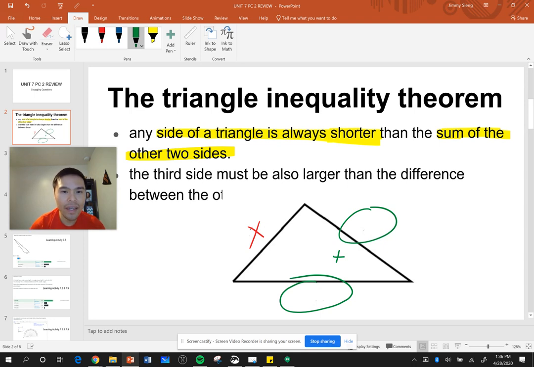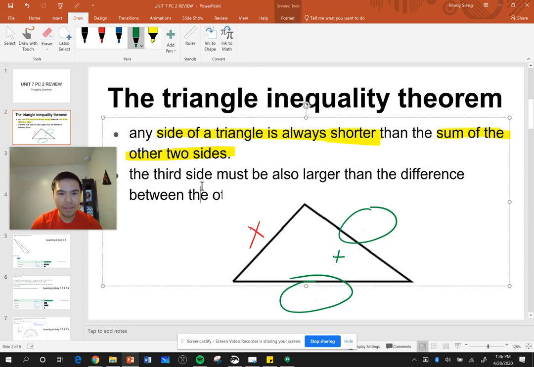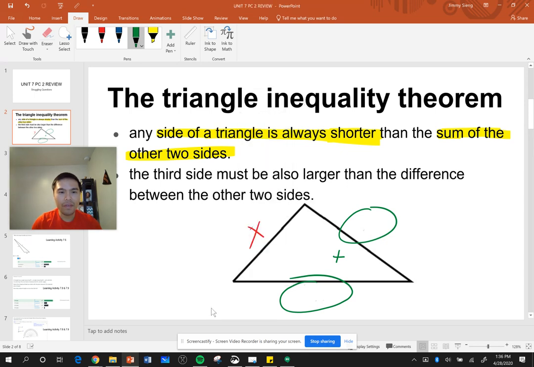And then another way of looking at this, let me move this up one sec. Another way of looking at this is the third side, so that red side right over there, must be larger than the difference between the other two sides. So basically what's going on is if this side is, let's just say this is 5, this is 4, well, that third side has to be bigger than the distance between the two other sides.